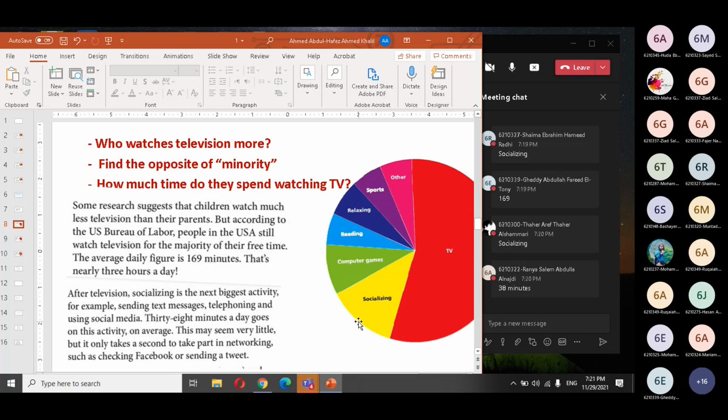Read the text, find the answer. If you post something on Facebook, is it networking or socializing? Networking. According to the text, networking.